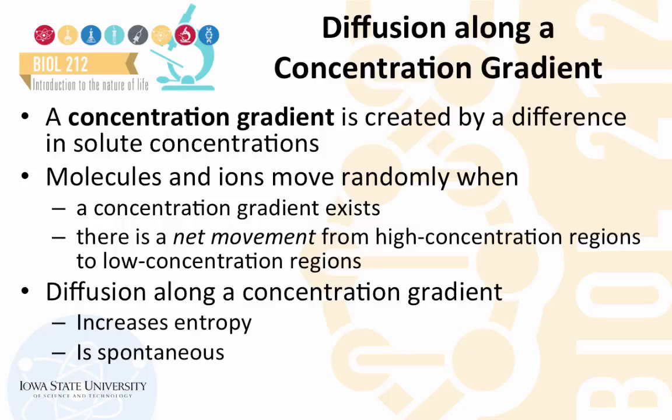Now, why do molecules diffuse across cellular membranes? This is because the concentrations of solutes across membranes can be different on the outside compared to the inside. This results in a concentration gradient and enables these ions and molecules to move across cellular membranes from an area of higher concentration to an area of lower concentration.